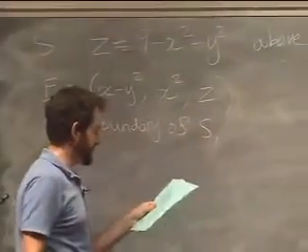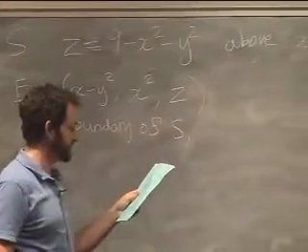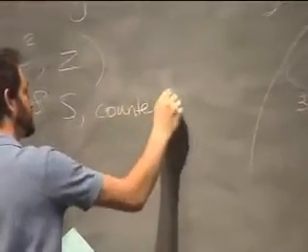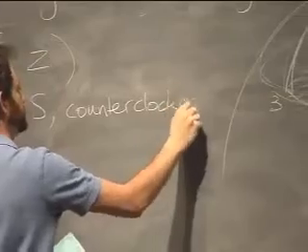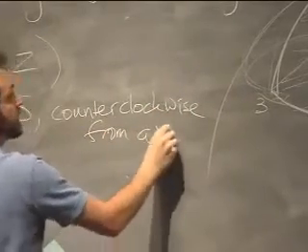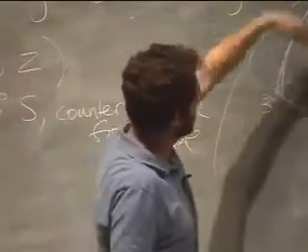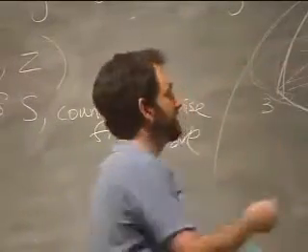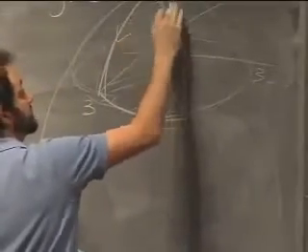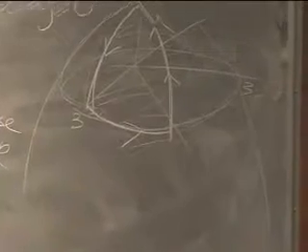And it says that the direction is counterclockwise when viewed from above. So this is an above view. We're seeing the top of the orange as opposed to from below. And we've got to go counterclockwise. So that's the orientation. So this is C.